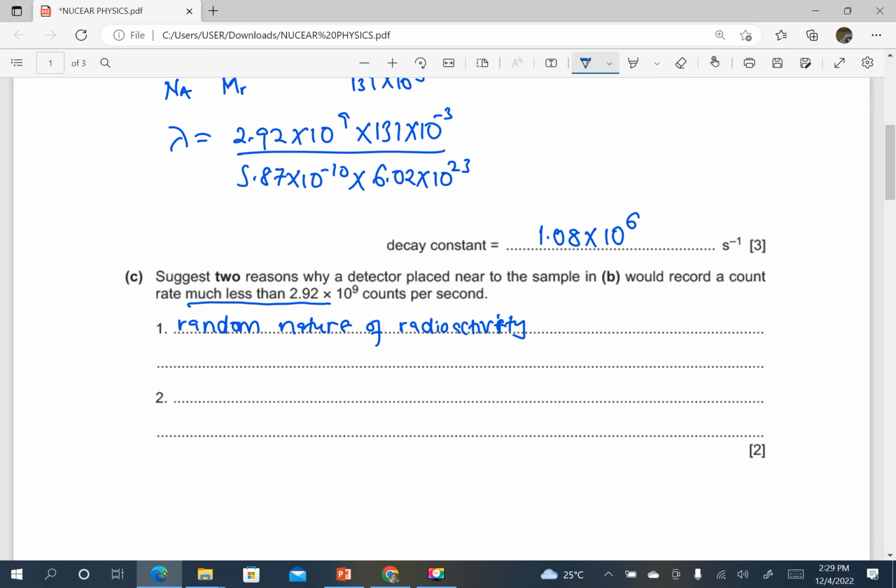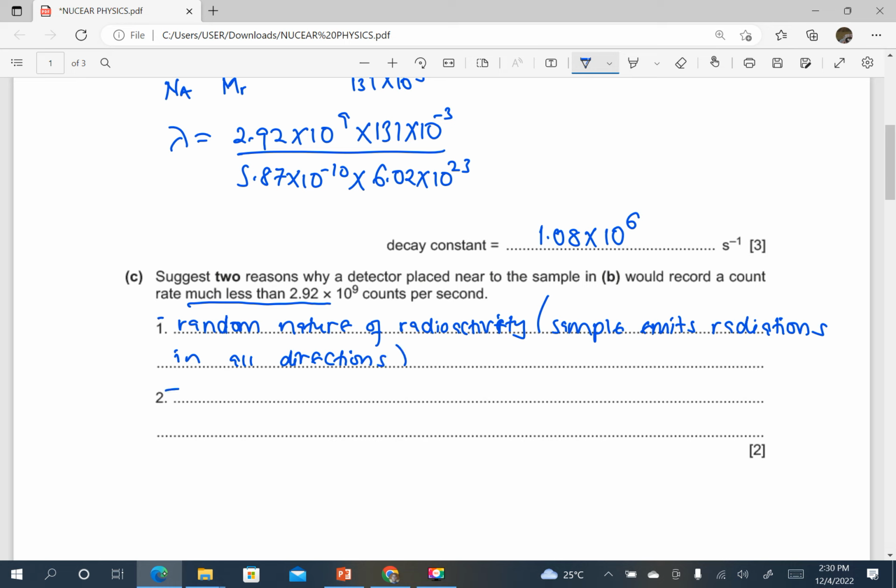Radioactivity is random. The sample emits radiations in all directions, yet the detector could be unidirectional. In other words, the sample emits radiations in all directions because emission is random. That's number one.